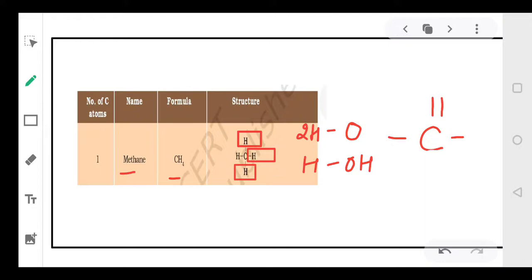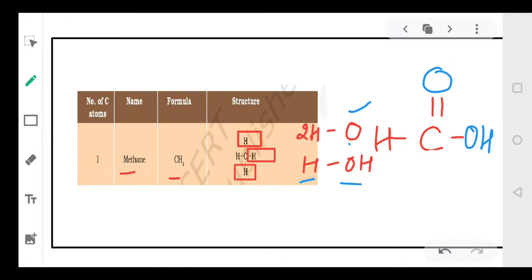This H will remain the same as before. Let's use different colors. So you have O here and you have OH here. So we have replaced 3 hydrogen atoms: 2 hydrogen atoms are replaced with O and 1 hydrogen atom is replaced with OH.